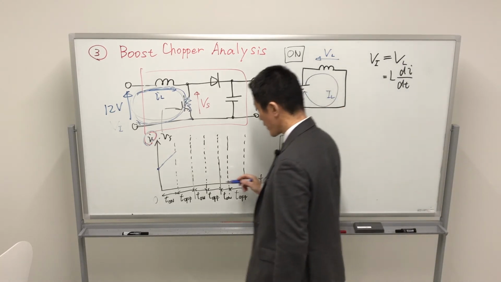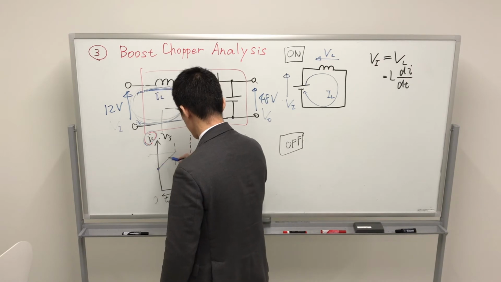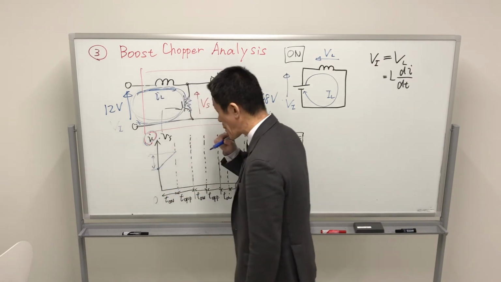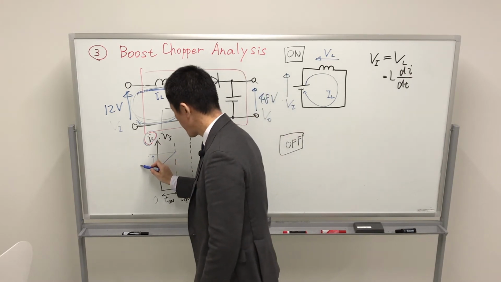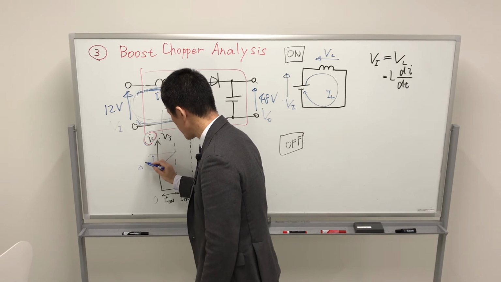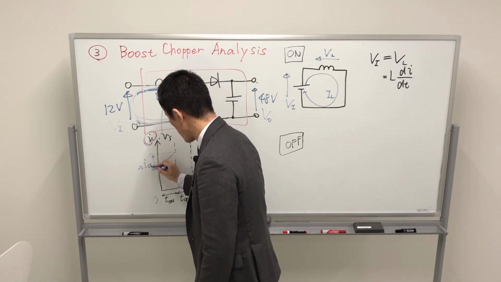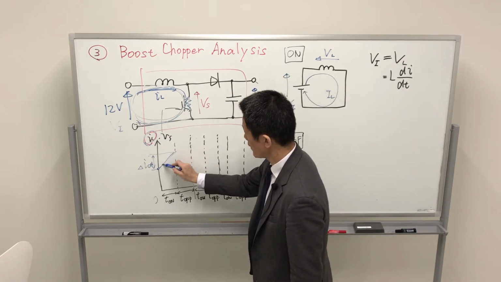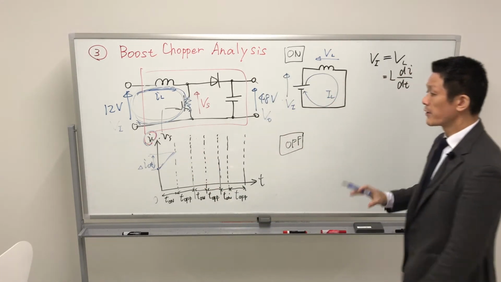And we check that this difference is delta I on, in case of turn on. This value is the difference.